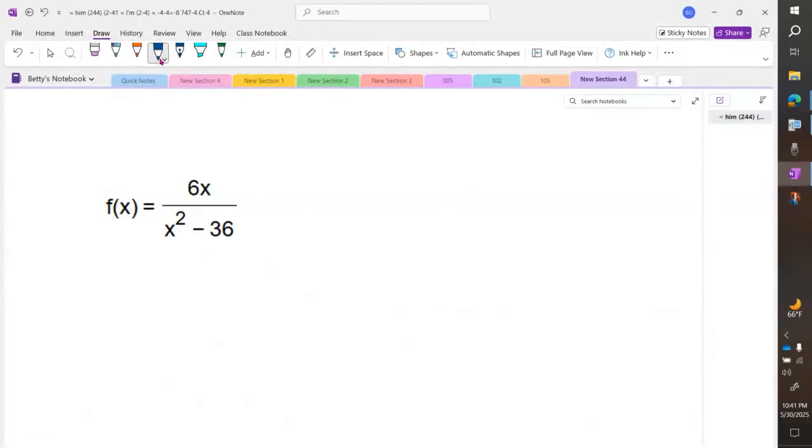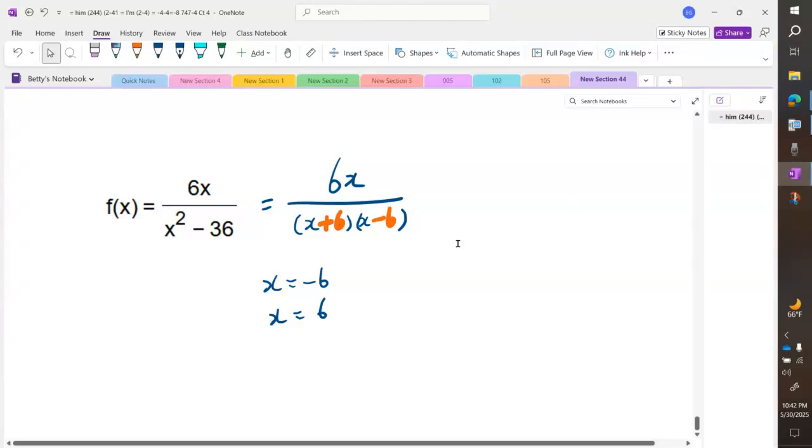So we use factorization of polynomials a lot. The numerator is not factorable, but the denominator can factor as x minus 6 and x plus 6 and x minus 6. Take the opposite, so x equals -6, x equals positive 6. Those are the two vertical asymptotes.